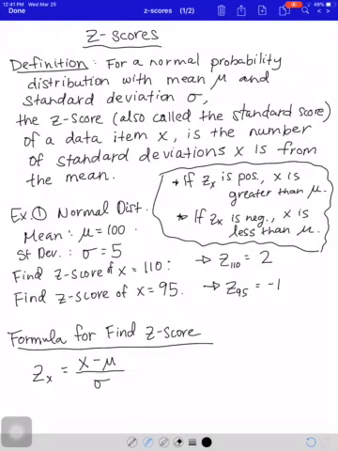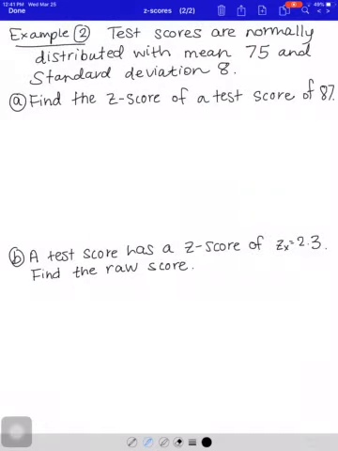So let's take a look at another example. Example 2: let's suppose we have test scores that are normally distributed, the mean is 75, and the standard deviation is 8. Let's find the z-score of a test score of 87. Just to identify everything here, our data item, our x value, is 87. Our mean mu is 75, and our standard deviation sigma is 8.